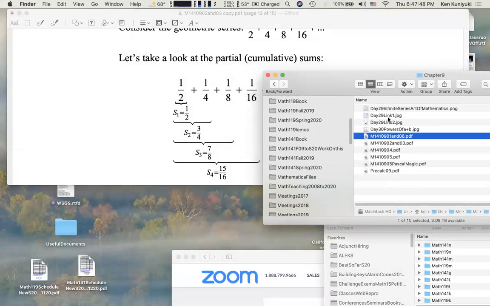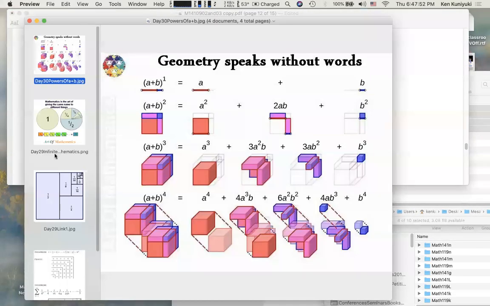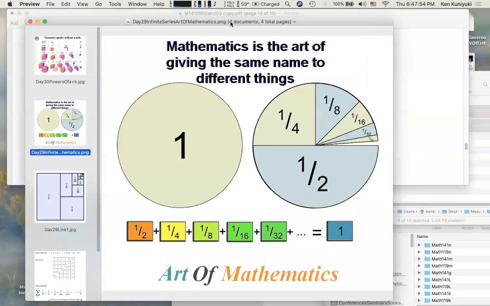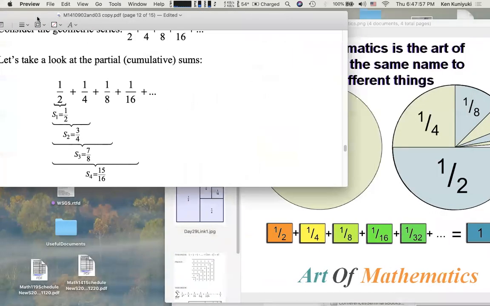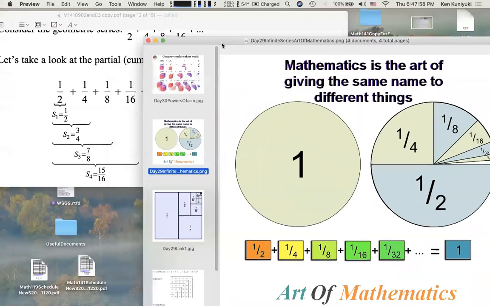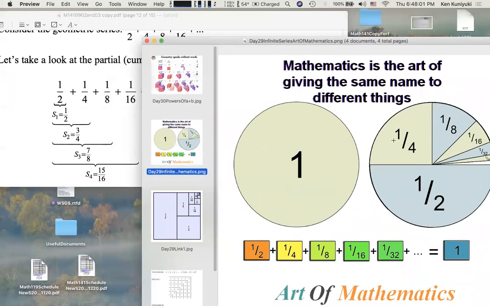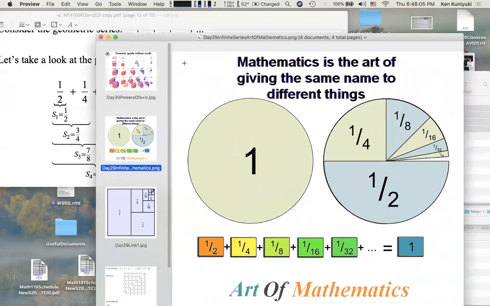Okay, I have a bunch of good pictures here. This one over here. 1/2 of the pie plus a quarter plus an eighth plus a 16th plus yeah. This isn't my work, by the way.